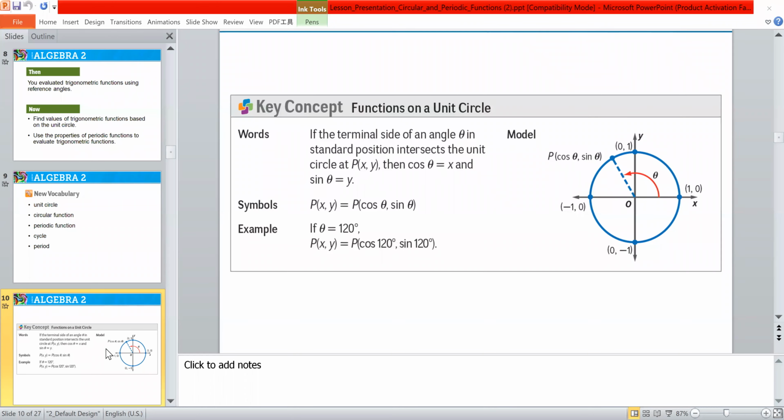Its radius is 1 unit length. It means 1 centimeter, 1 feet, 1 decimeter, and so on. So the unit circle is a circle that its radius is 1.